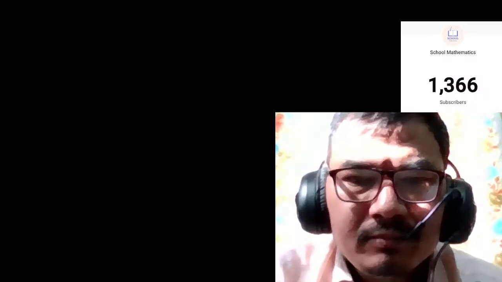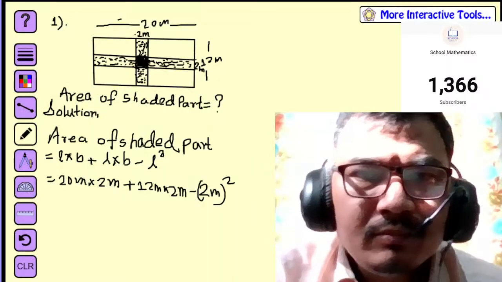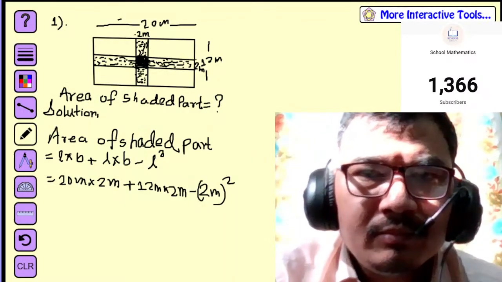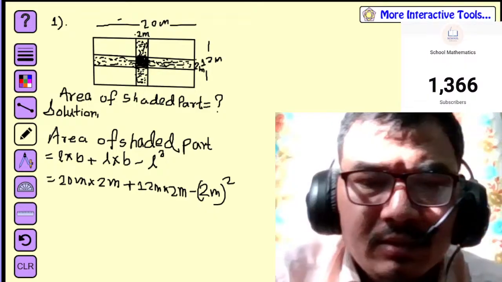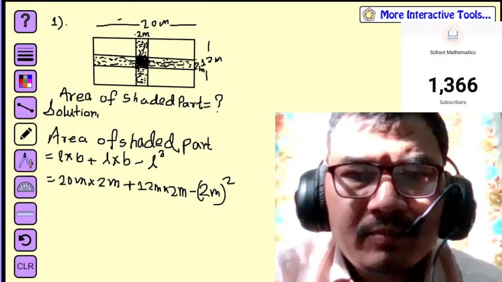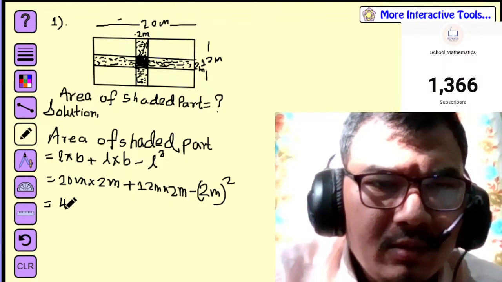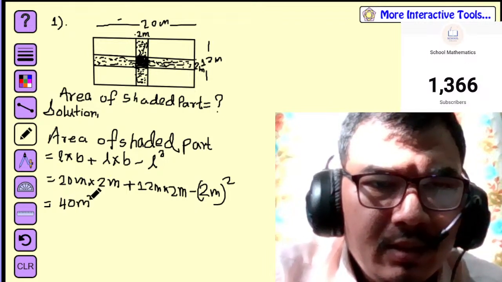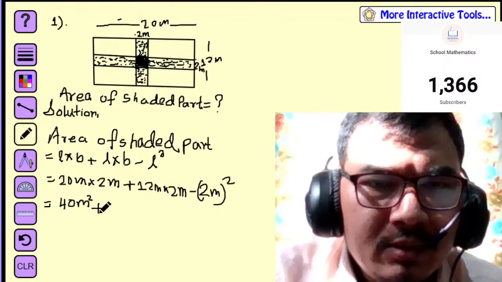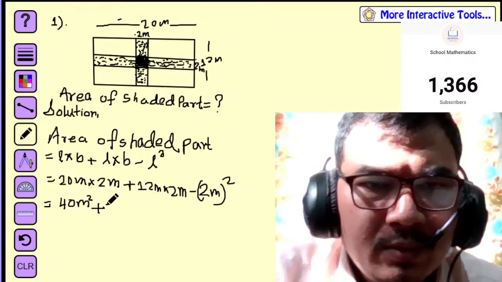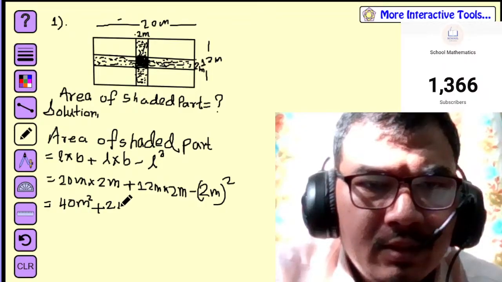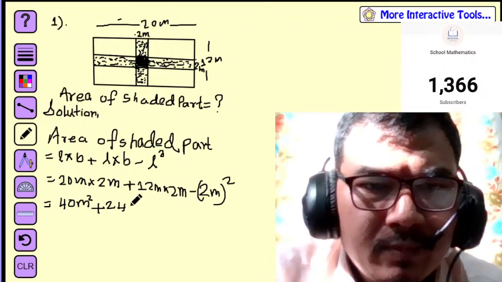Look children, now let's multiply them. 20 times 2 will be 40 meter square, plus 12 times 2 is 24 meter square.